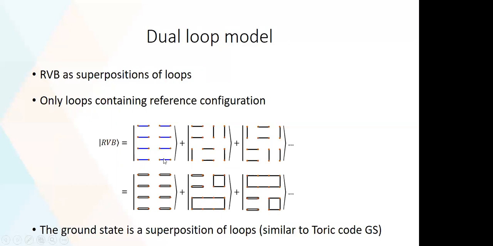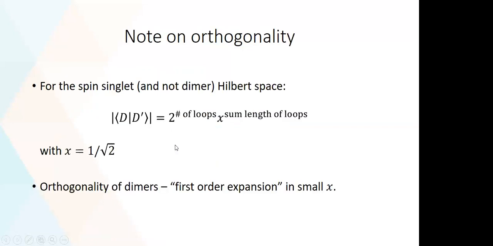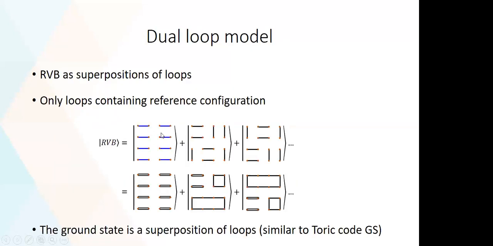Only loops that cross through the reference dimer configuration are valid loops. So it's only an analogy to the toric code, not exact, but it gives some intuition, and I'll come back to that very soon.